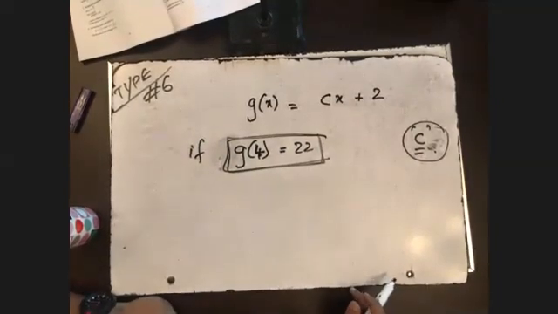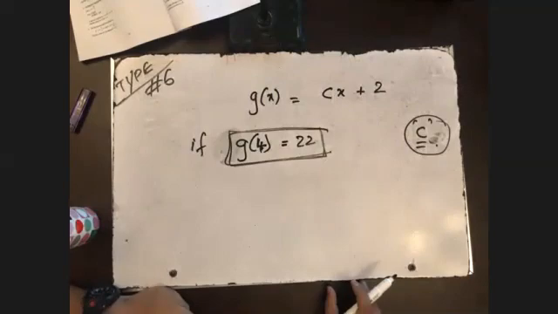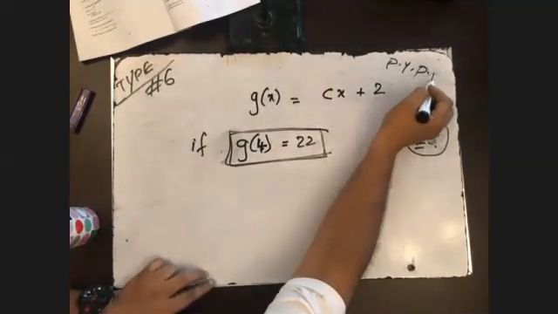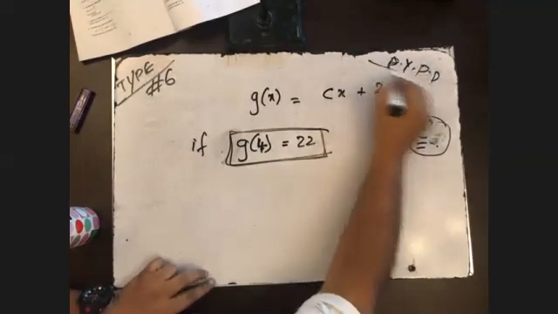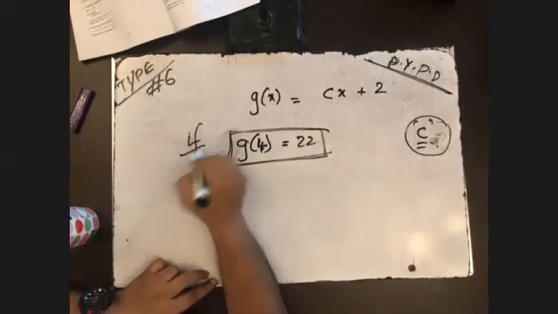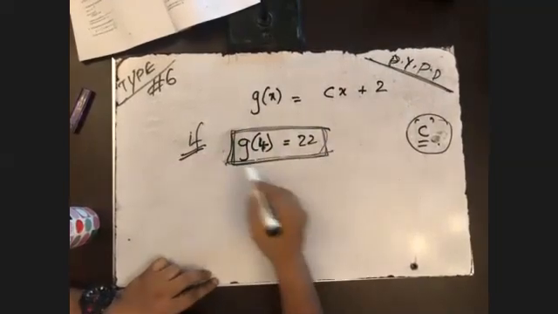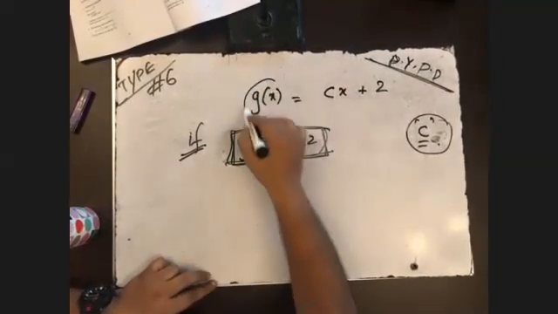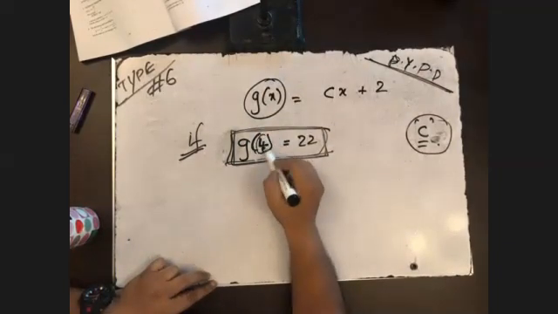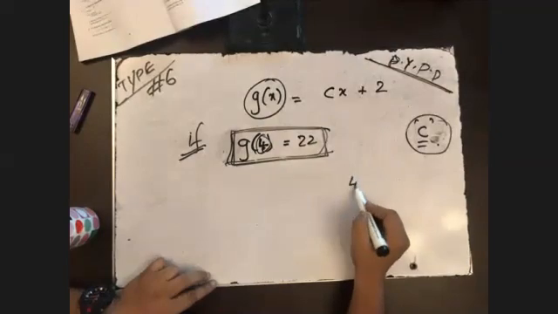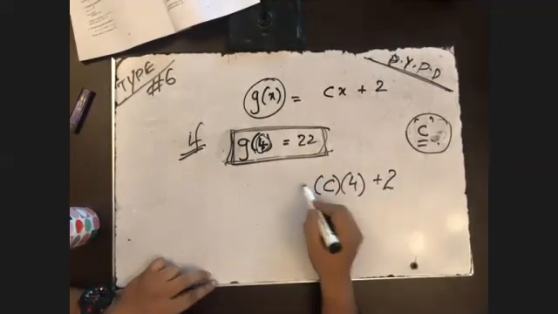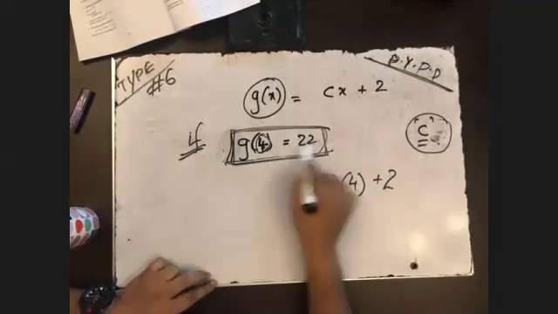Everyone, eyes on the board, put your pens down. When you put your pens down, your brain is with me. g(4) is 22. That means x will take the value of 4 in this function. c is the unknown, 2 is there, and the value of g(4) is 22.